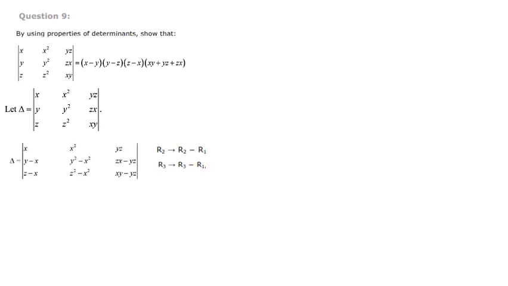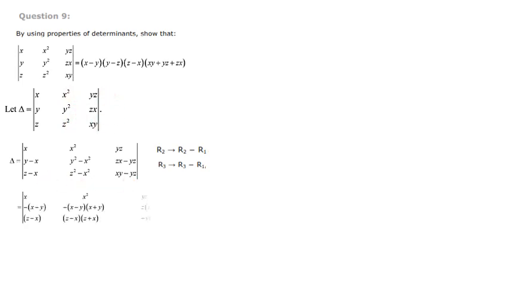First row remains the same, x, x square, yz, and R2 changes to R2 minus R1. R2 in the sense y minus x, y square minus x square, zx minus yz. That is what R2 is changing to. Now R3 changes to R3 minus R1, that is z minus x, z square minus x square, xy minus yz.